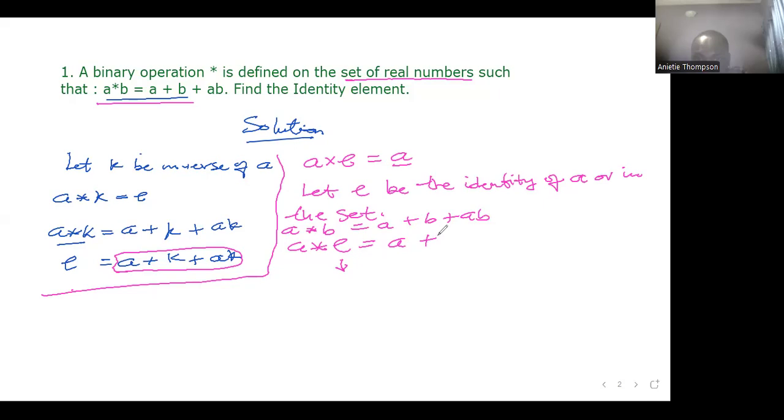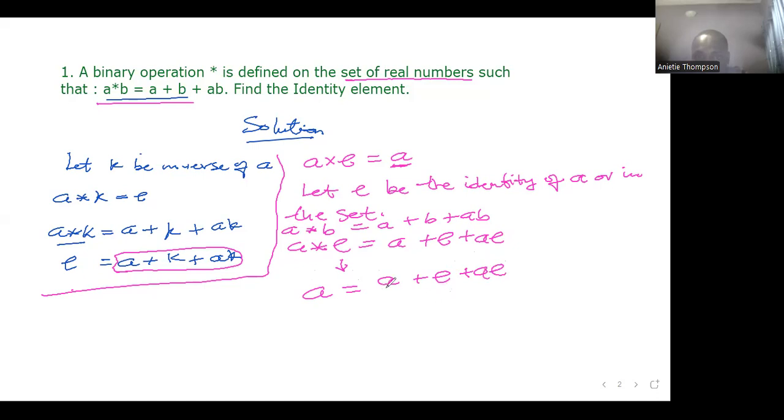So in the place of B, I'll put E, the identity element, and then I will write AE also. That is the linear equation we have. But A times E will give us A from our understanding. That means A equals A plus E plus AE.